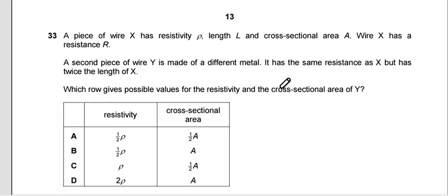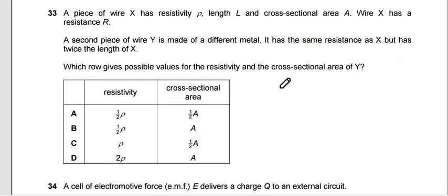A piece of wire has resistivity rho, length L, cross-section A. Wire X has resistance R. A second piece of wire Y is made of a different metal, with different resistivity. It has the same resistance as X but twice the length of X. Which row gives possible values for the resistivity and the cross-sectional area of Y?